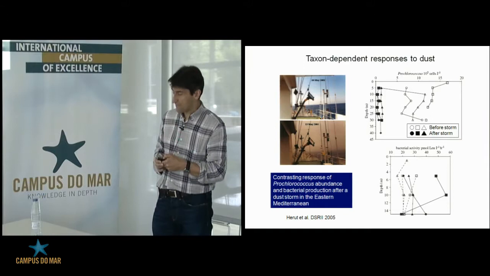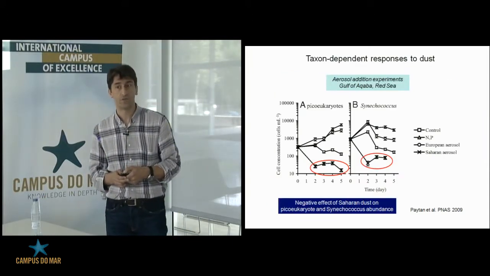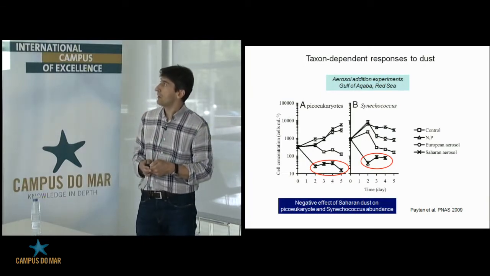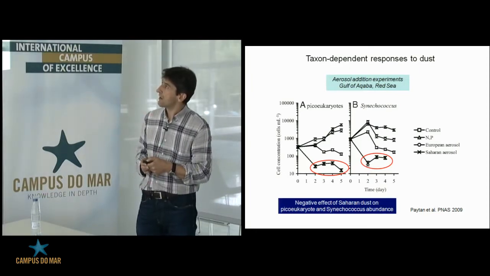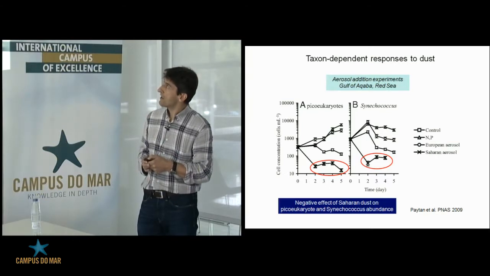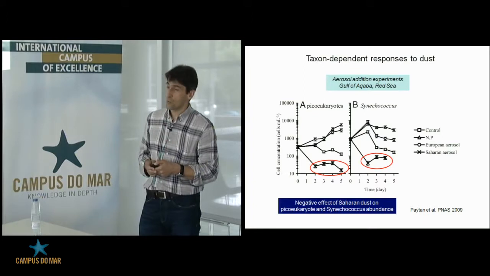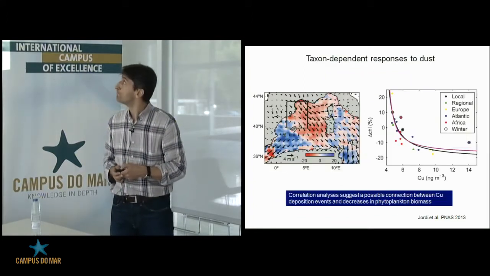So again, we have these taxon-specific responses to dust. Adina Paytan also has shown in the Gulf of Aqaba, in the Red Sea, again, a reduction in the abundance of picoeukaryotes and Synechococcus in response to Saharan aerosol. So we have a negative effect of Saharan dust on the abundance of some organisms.